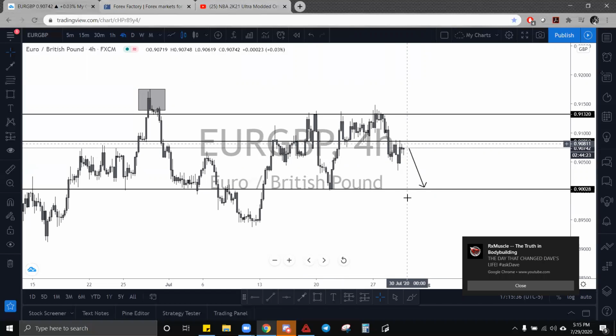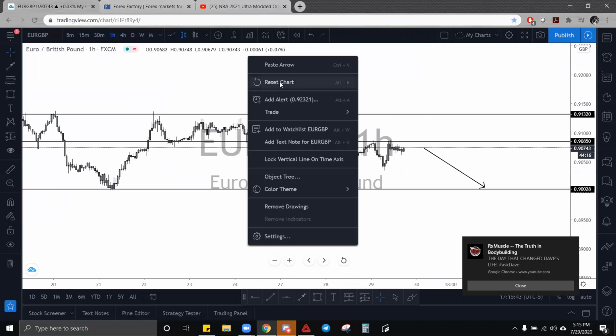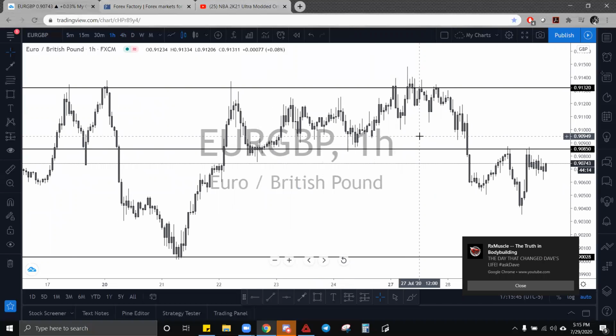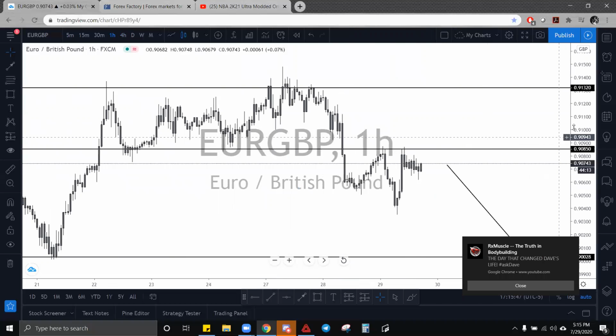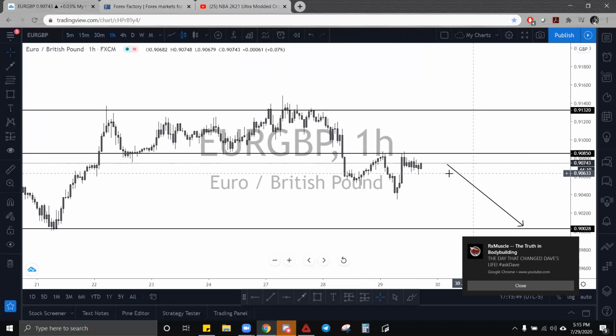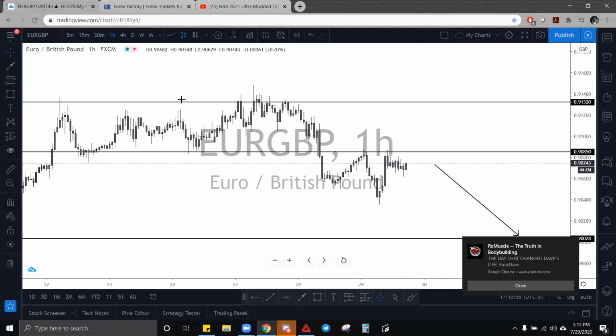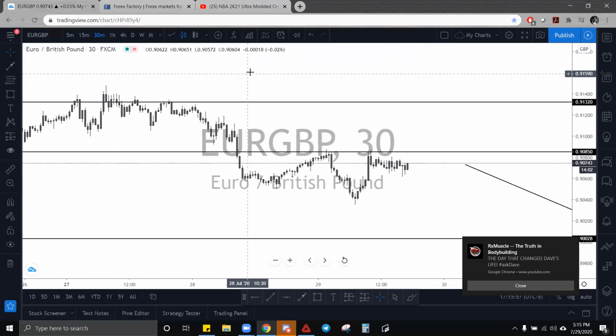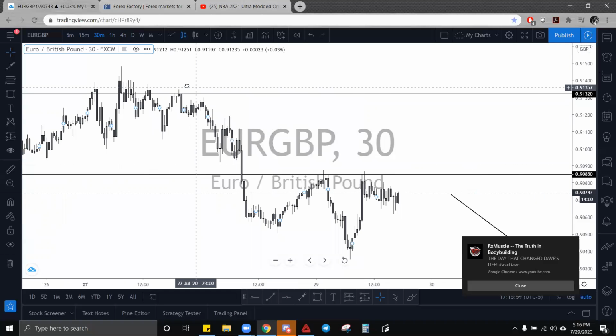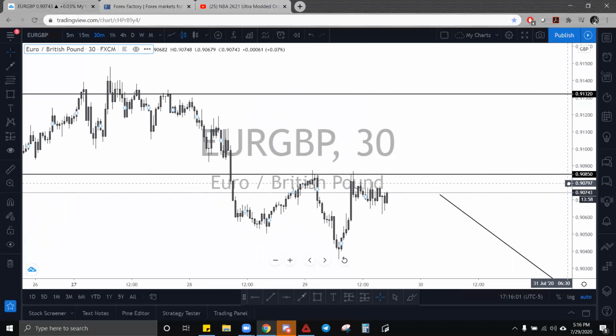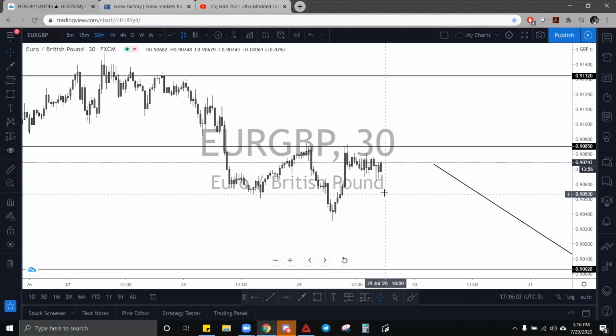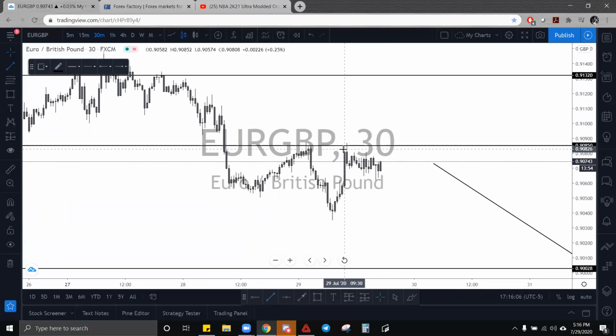So I will go on the lower time frame, like the 1 hour, and I will wait to see rejection, whether it's a bearish engulfing, a strong wick to the upside, something of that nature. But at the same time, I would also be careful because I'm potentially seeing a bullish flag formation right here.